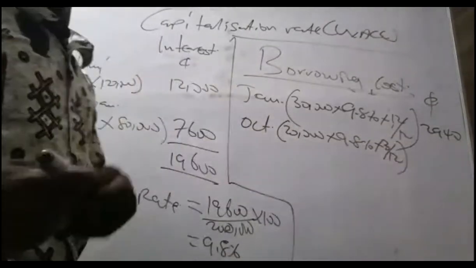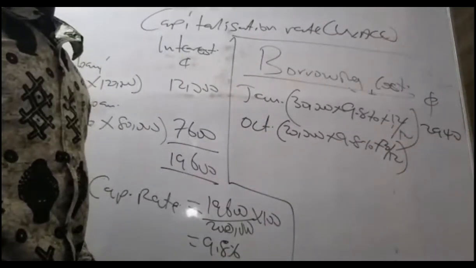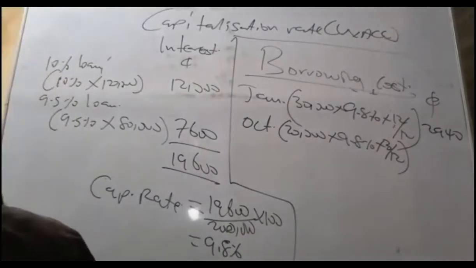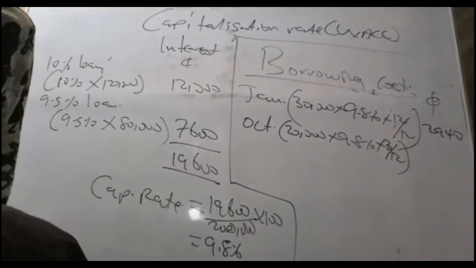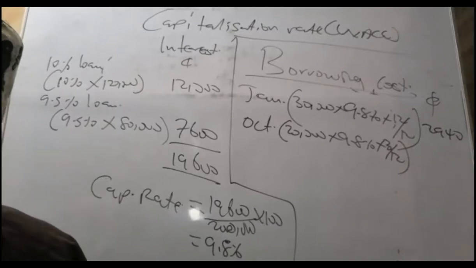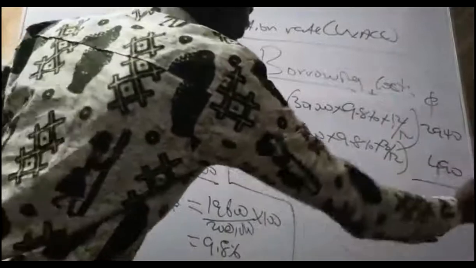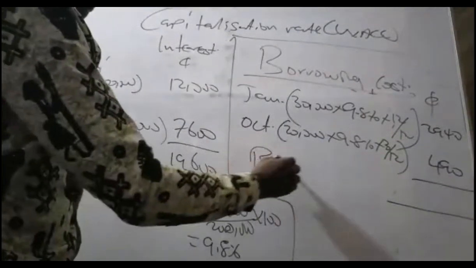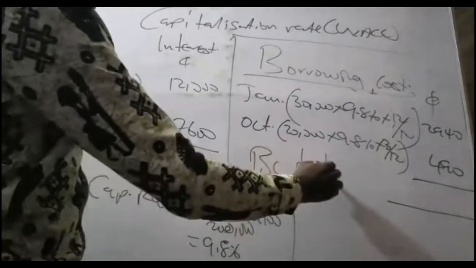And that will give us 490. Putting all this together, that's the borrowing cost to be capitalized.